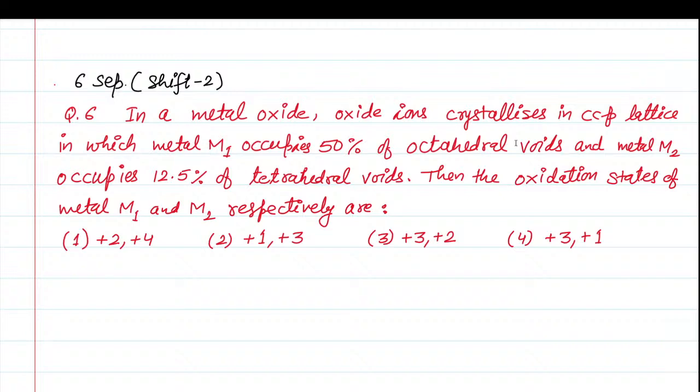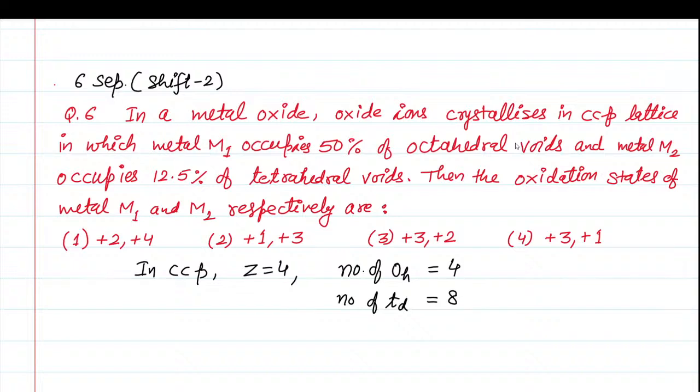Now you know in a CCP lattice Z is 4, so the number of octahedral voids is the same as the number of atoms per unit cell, and the number of tetrahedral voids is equal to 8, double of that number.